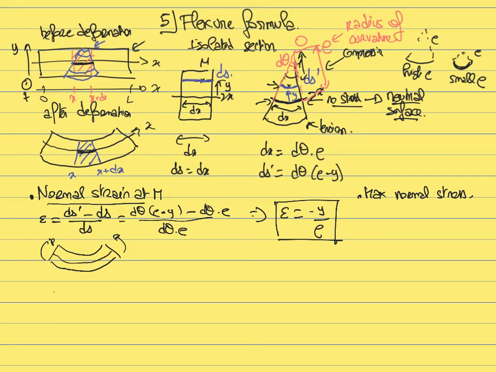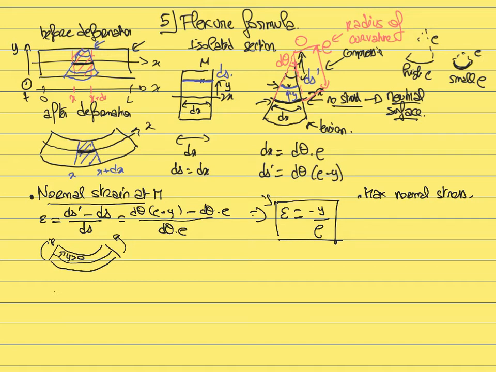When you look at y larger than 0, y larger than 0 means that you are looking at positive y. Positive y means that you are looking at a point M that is higher than the axis x.